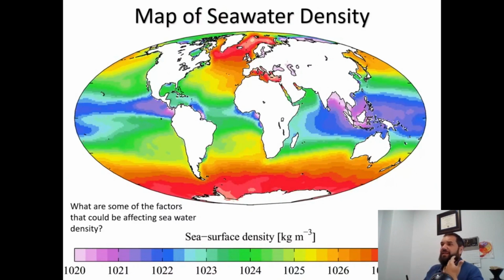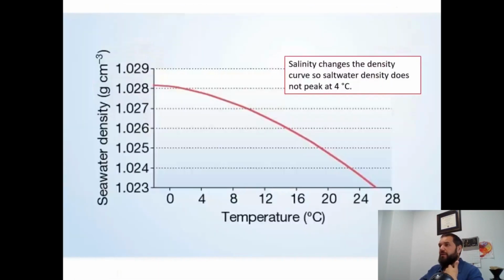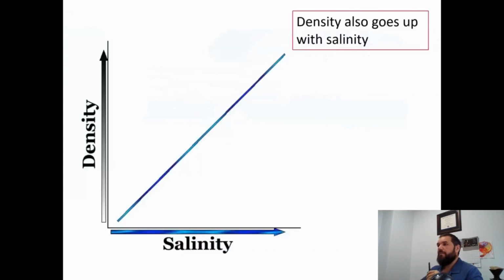Well, it's pretty easy to understand. Around the equator, the density is lower. Why is it lower? It's because the water's warmer. So you know that as temperature increases, density goes down, okay? Dense water is cold water, hot water is more buoyant water.